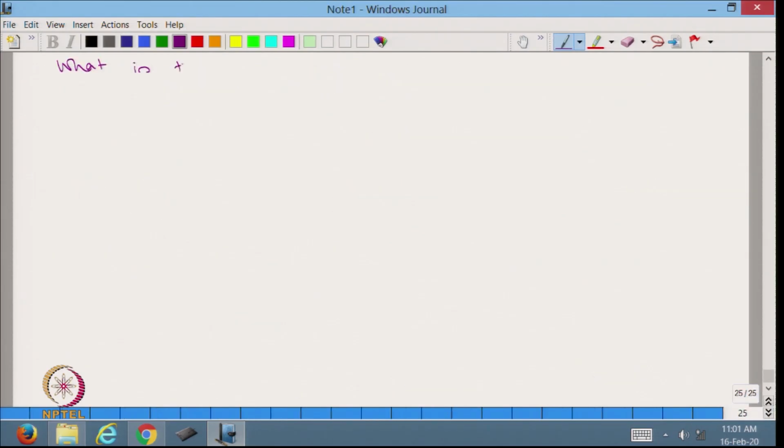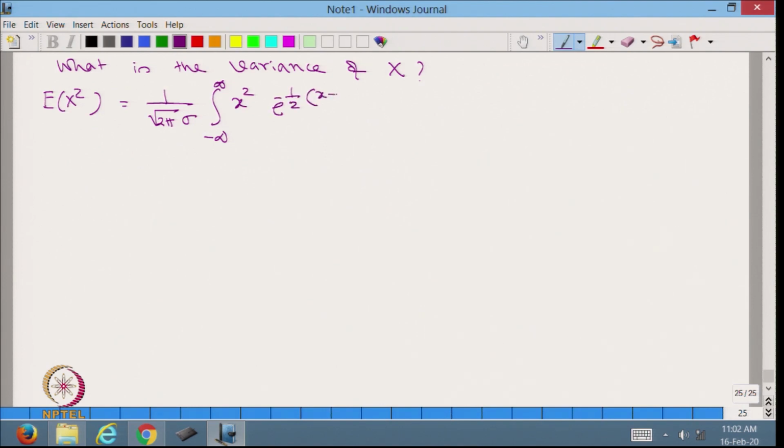What is the variance of x? Expectation of x square is equal to 1 over root over 2 pi sigma integral from minus infinity to infinity of x square e to the power minus half (x minus mu) by sigma whole square dx. Put (x minus mu) by sigma equal to z.